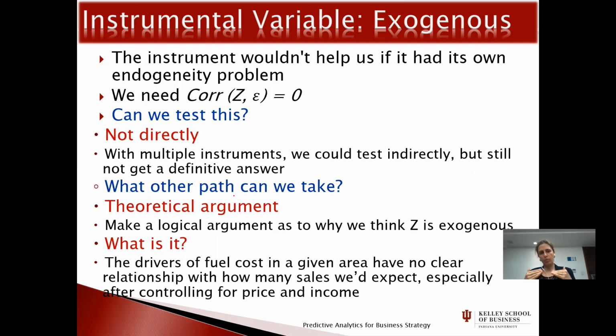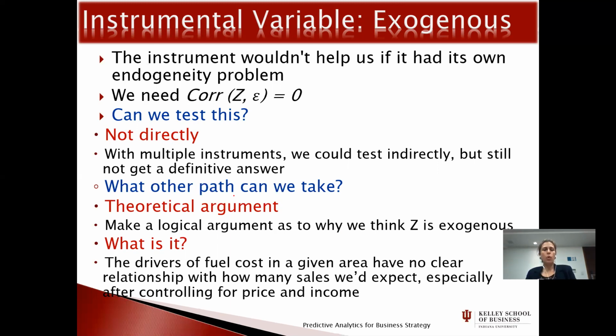So how do we get away with this assumption? This is something that you're going to have to convince your audience of. You have to be creative and think really carefully about whether that candidate is plausibly exogenous. So here's the logical argument. For something to be exogenous, it means that it is going to affect your Y variable only indirectly, only through prices, in our case.